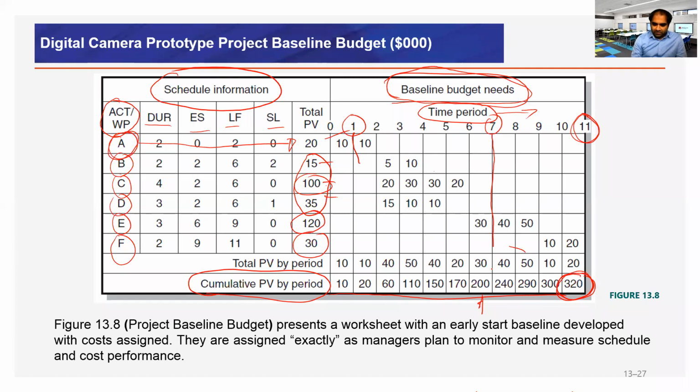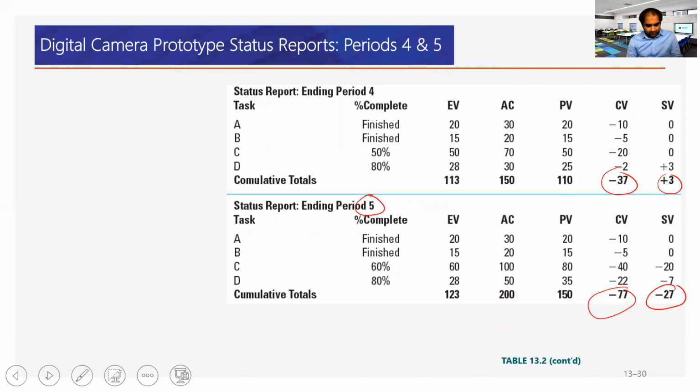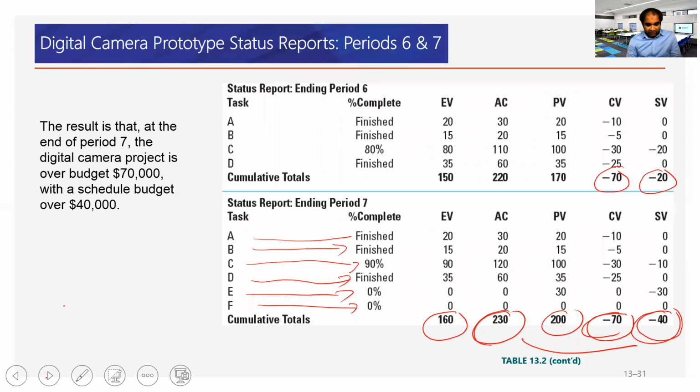Okay, so that means if we look at here, so let's now forget these numbers. Starting from end of period 7, we have D completed. D finished, C 90%, E and F 0.